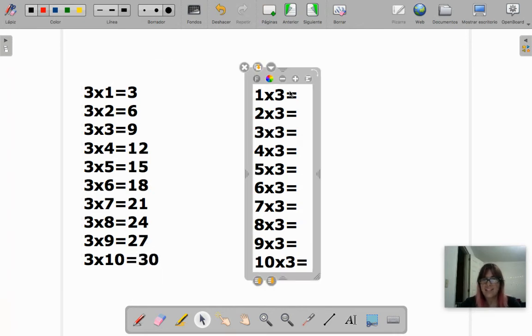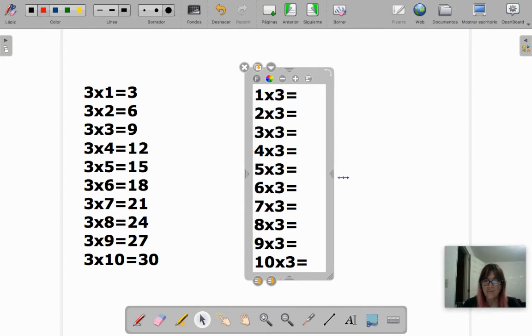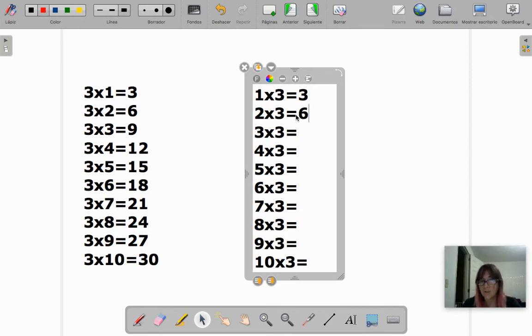And here it's the same, okay? 3 times 1, 3. 3 times 2, 6. The song that we just did, a little kind of song or rhythm. 3, 6, 9, 12, 15, 18, 21, 24, 27, 30.